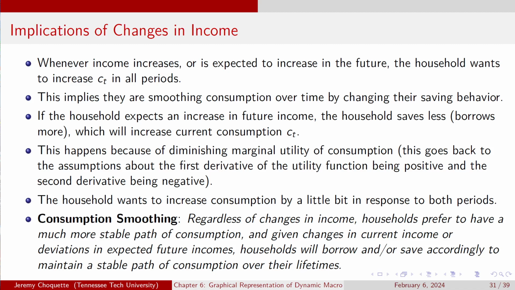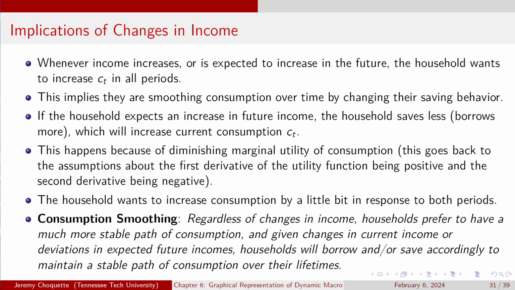Now, whenever income increases, or it's expected to increase in the future, the household wants to increase consumption in all periods. It implies that they're smoothing their consumption over time by changing their savings behavior. And if the household expects increases in future income, the household saves less, meaning they borrow more from the future, which increases their current consumption C sub t.